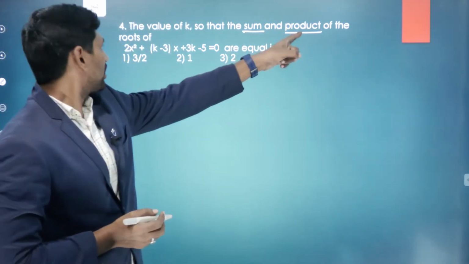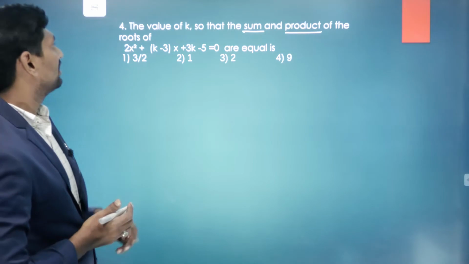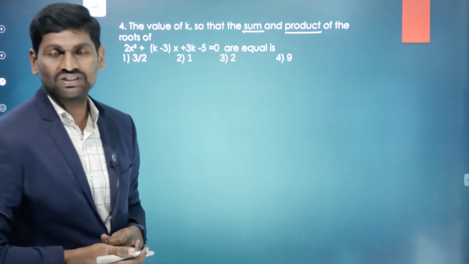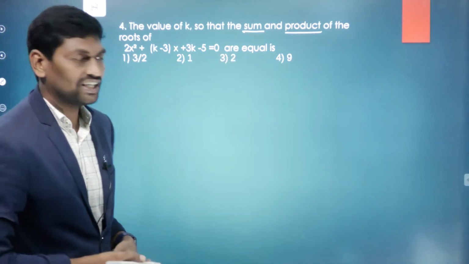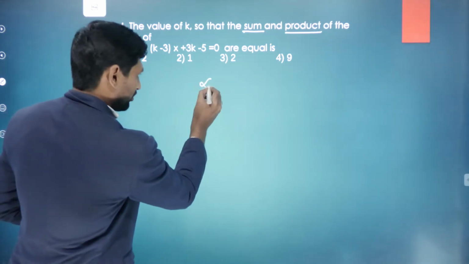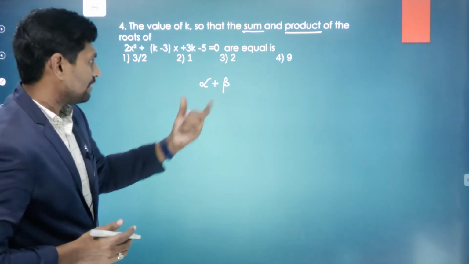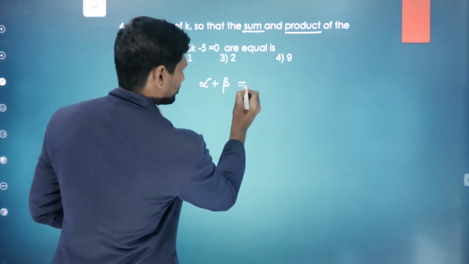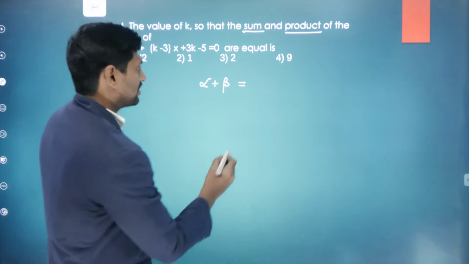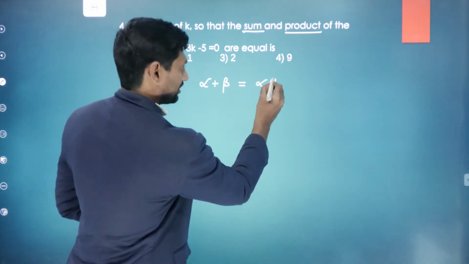Here the sum and product of the roots are equal. So according to the problem, if alpha and beta are roots, sum of roots alpha plus beta equals product of roots alpha into beta.